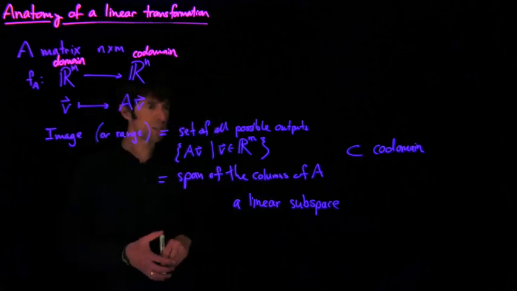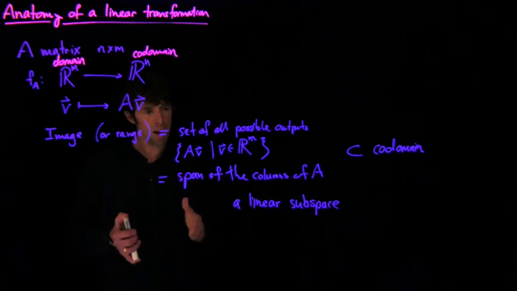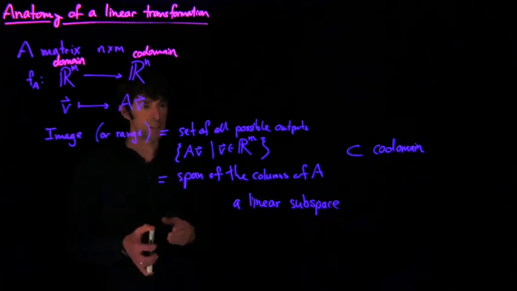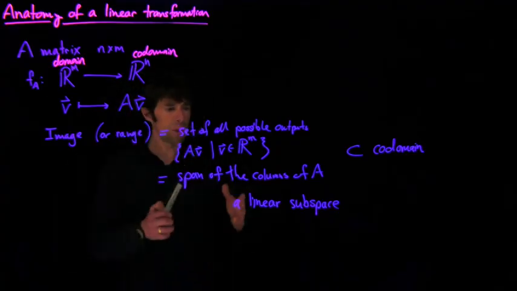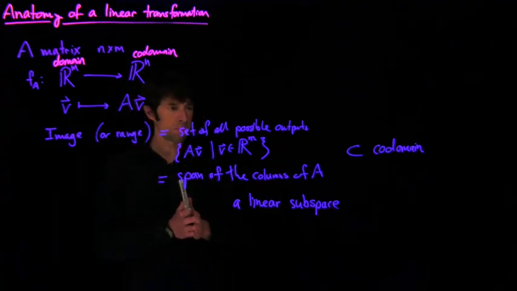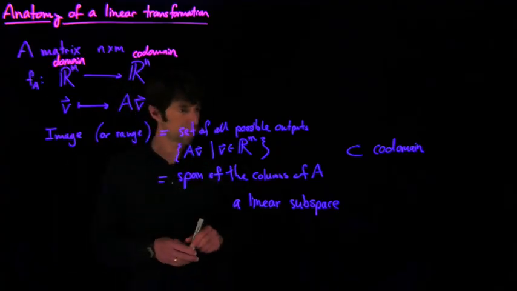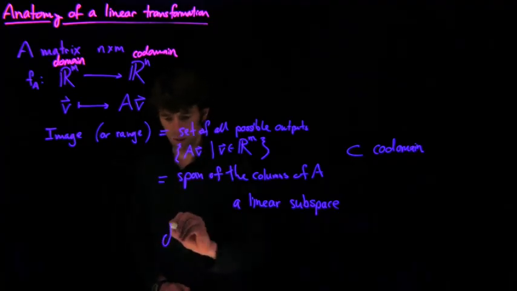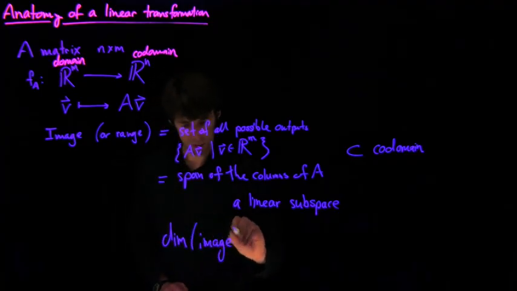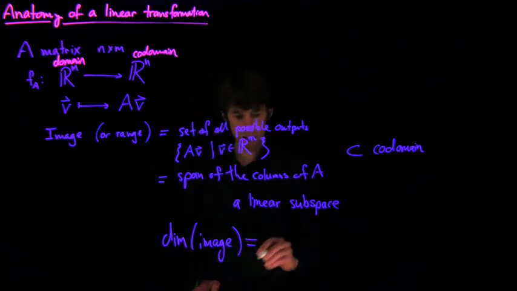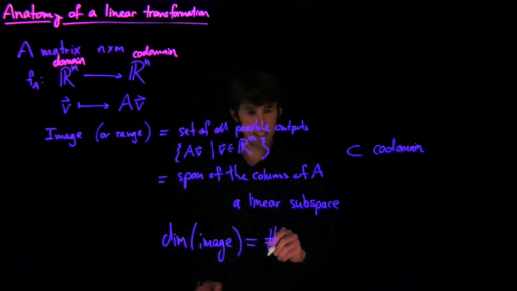So the dimension, remember, is the smallest possible number of vectors we need to span it. So another way of thinking of the dimension is it's the number of linearly independent columns of A. So the dimension of the image is the number of linearly independent columns of A.